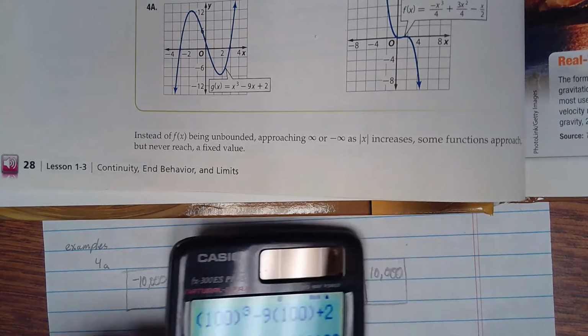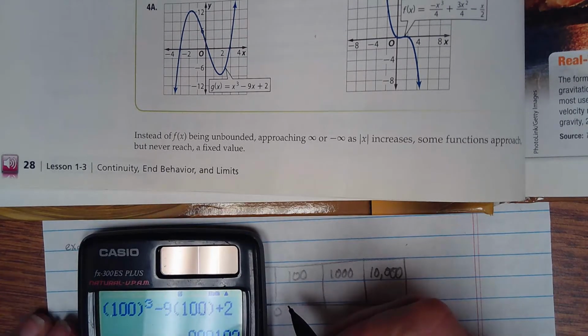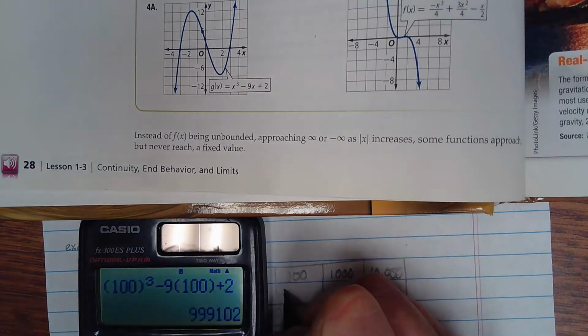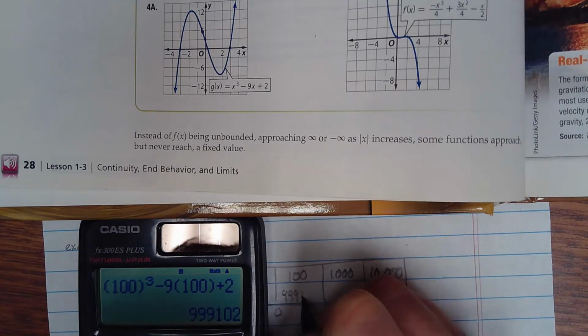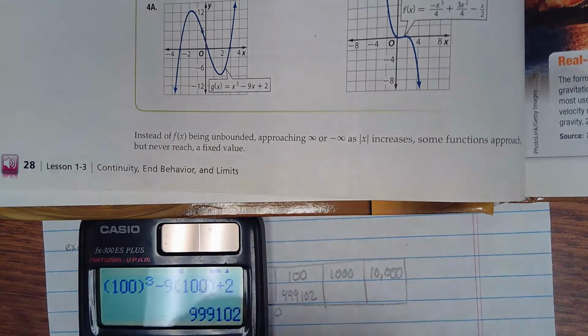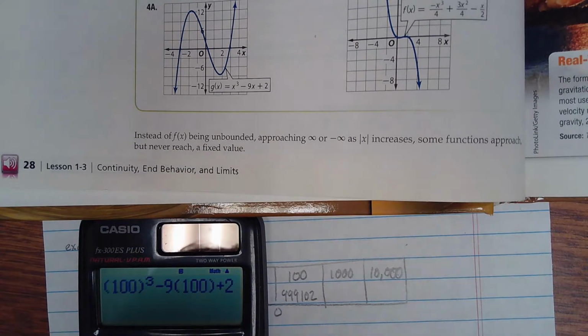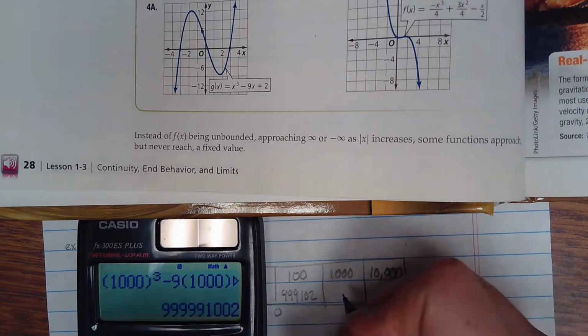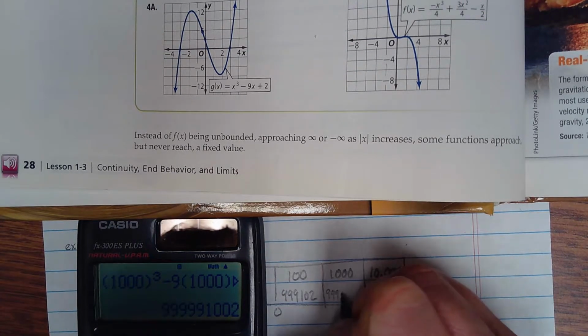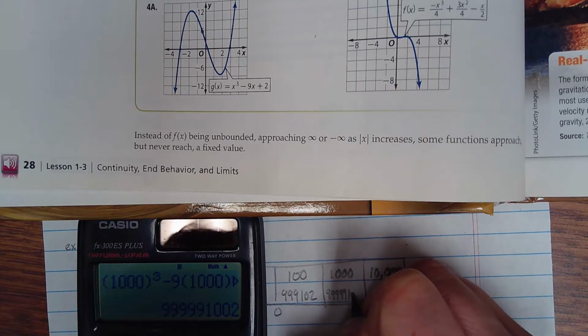So this is going to be 999102. Then I'm going to add a couple zeros in here. And now I've got 99959 1002.